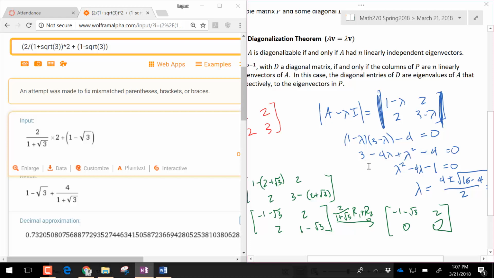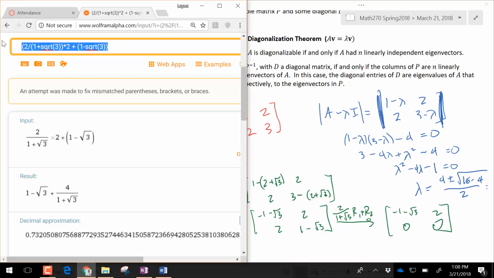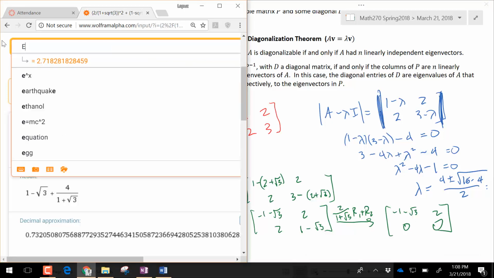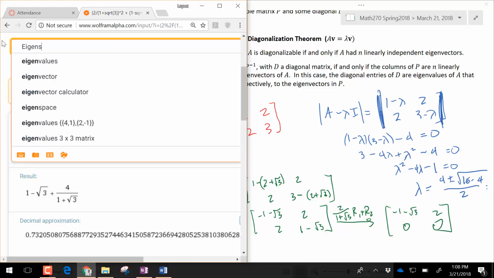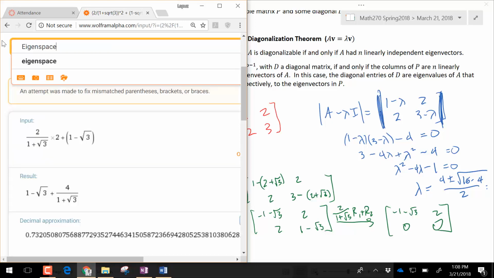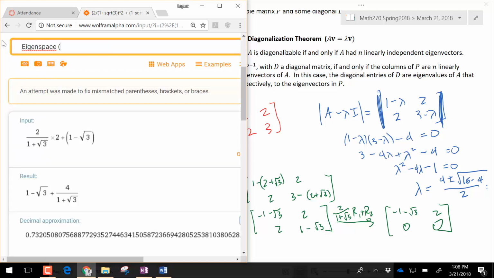All right, well, let me just check the eigen. I'll still take your example, though. You think so?